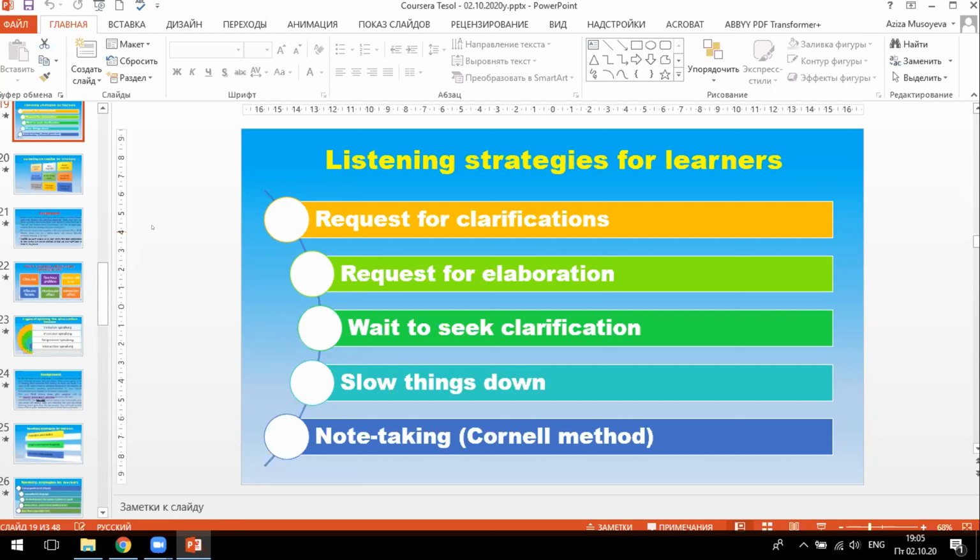So once they finish listening, you ask them to write down what they understood, just a summary of the listening. This kind of method also can help. That's why note taking is very important in listening, right?